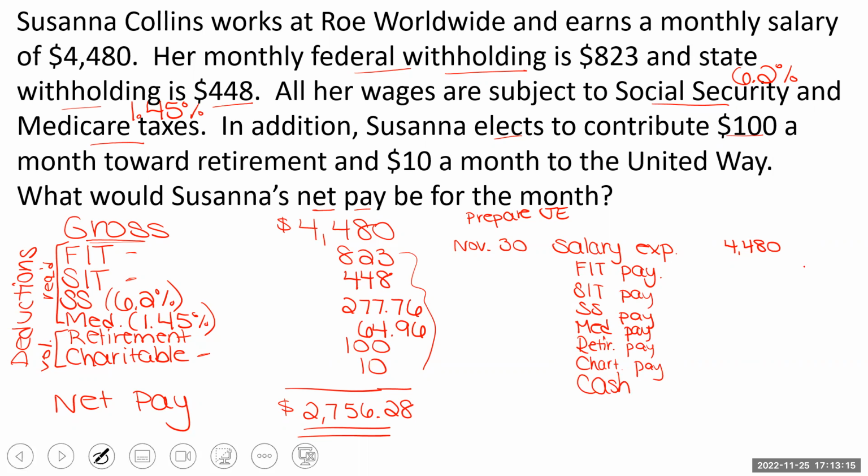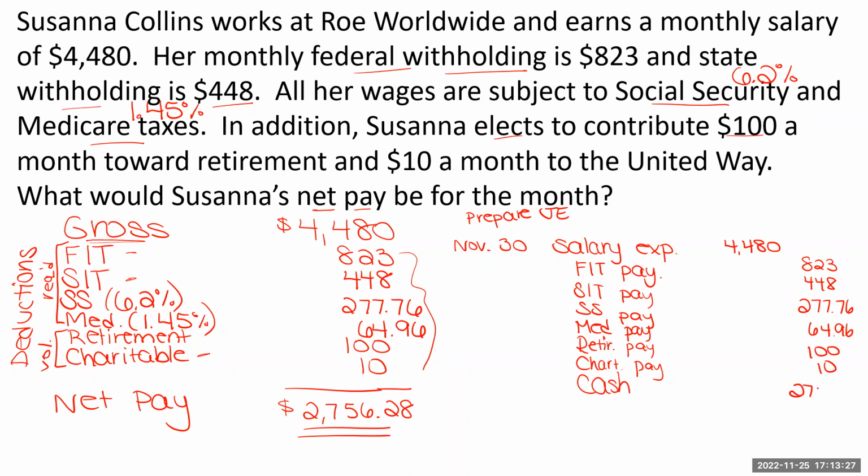And then we just fill in all our amounts: 823, 448, 277.76, 64.96, 110, and 2,756.28, to record employee pay and related deductions.